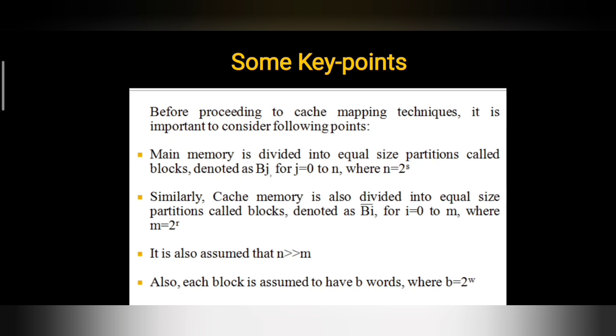Very simple, since I know that my main memory is quite big in size as compared to cache memory. So this implies that the total number of blocks in main memory, denoted by n, is very much larger than the total number of blocks, m, in my cache memory.